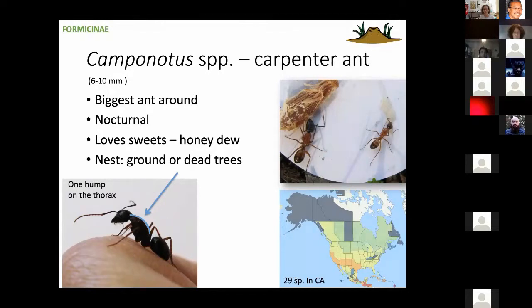Okay, we have many different species of carpenter ants in California. And in the Bay Area, there are quite a few. One of them kind of likes to live inside homes. And you might have it in your kitchen. So they don't really eat wood, but they do nest in it. So they might nest behind a cabinet or something like that and kind of chew into it.